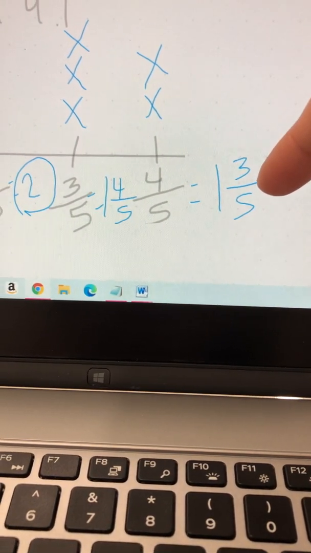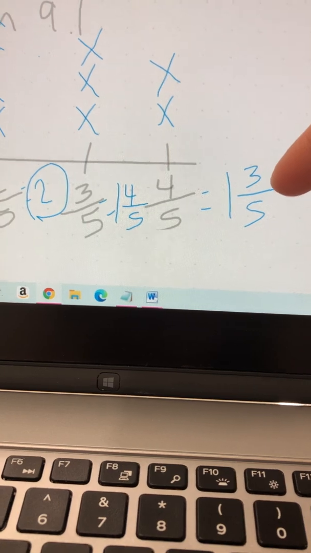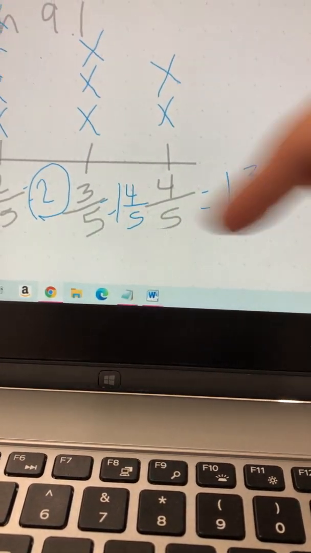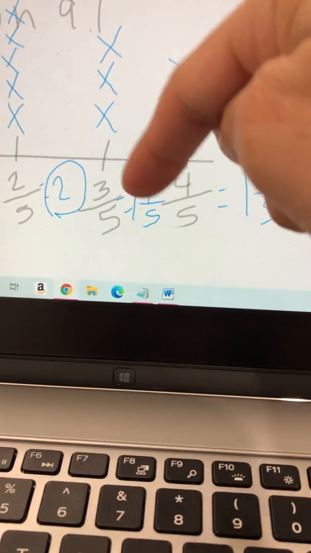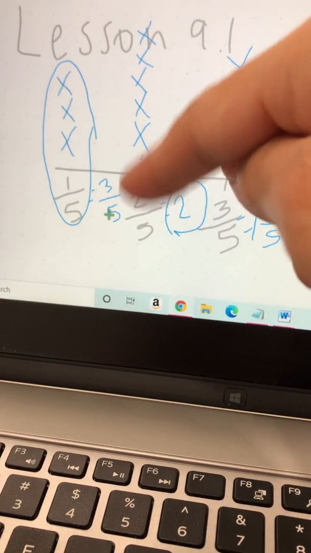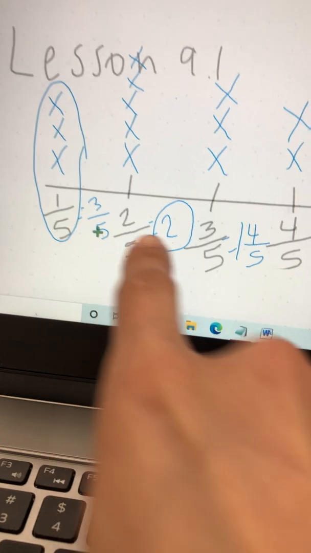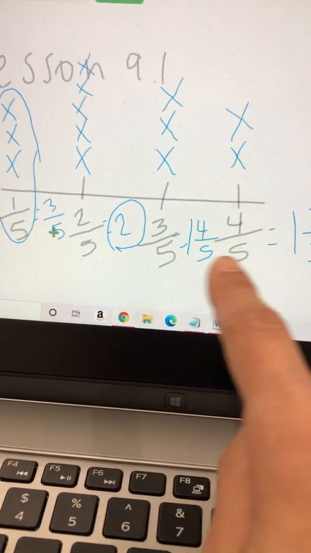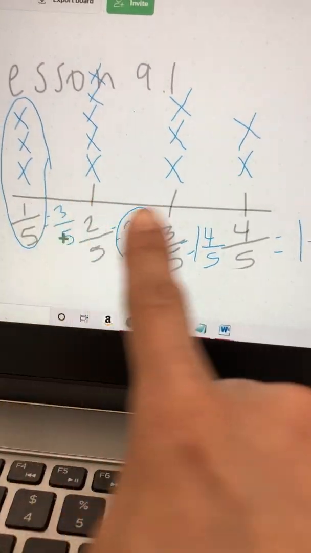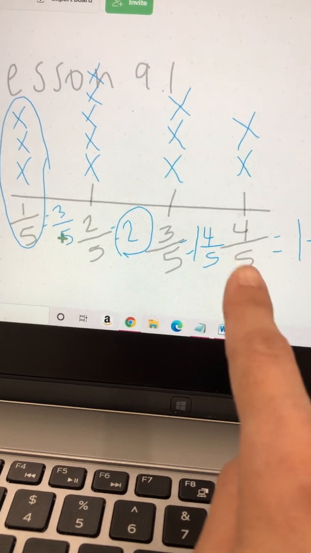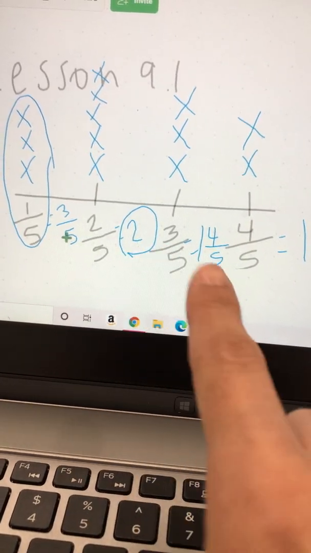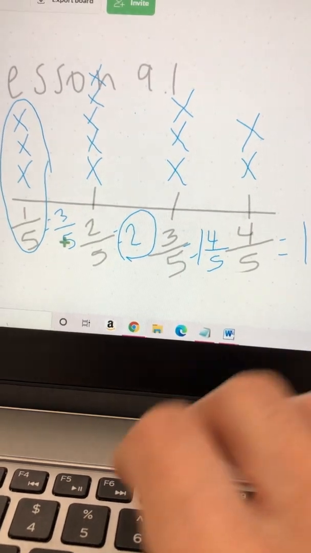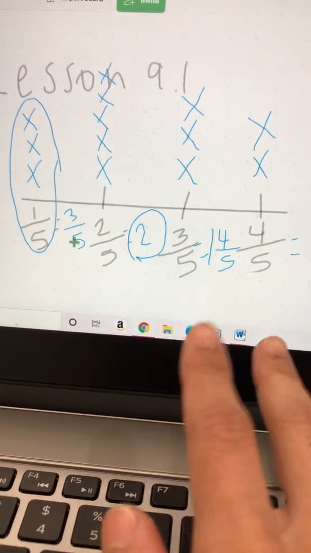Okay, and then we had to add, because they wanted the combined weight of all the beads, so we added 1 3/5 plus 1 4/5 plus 2 3/5. We no longer use these gray numbers, because those gray numbers are not the sums of each of these categories. So these numbers in gray, we forget about them once we have the sums. Okay, that's how we do that.